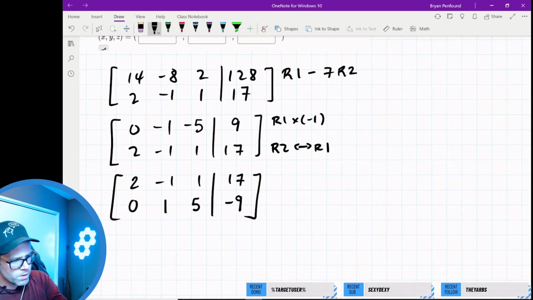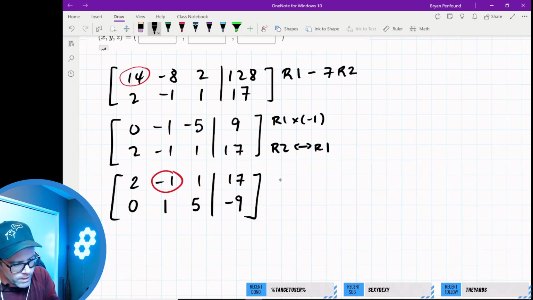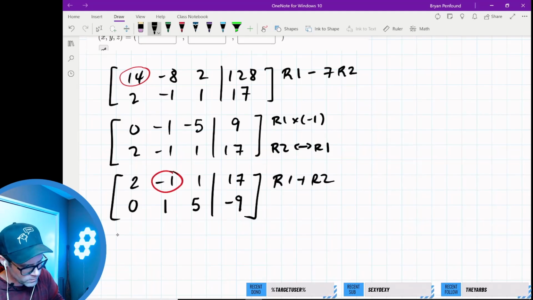All right, so second pivot is in place. We can now get rid of this one, and what we were doing up above was getting rid of the 14. Anything I've circled here in red is what I'm identifying as wanting to become a 0. They self-identify as 0 and really want to be noticed for being 0. So let's take row 1 and add to it row 2.